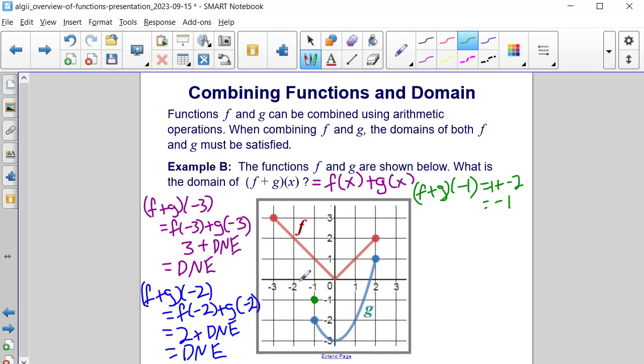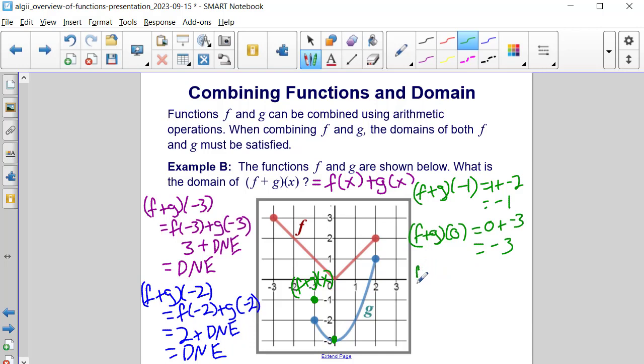So here's where f plus g is going to start being evaluated. Now if we do this at 0, f plus g of 0, we're going to get 0 for f plus negative 3 for g. And when we add 0 and negative 3 together, we get negative 3.